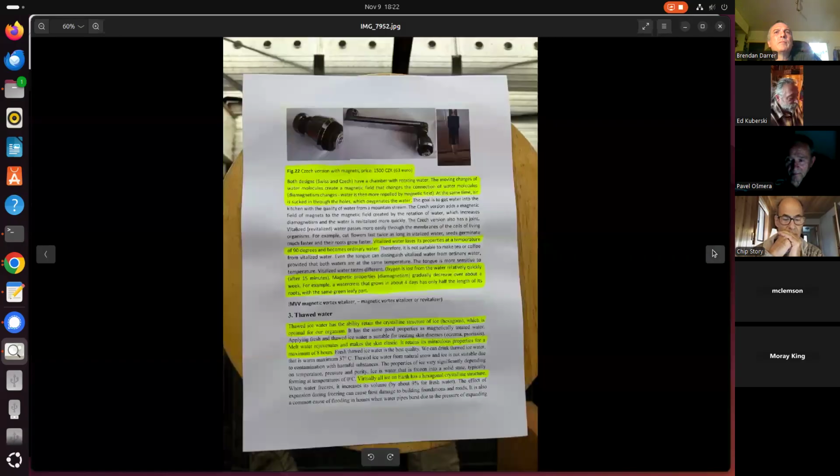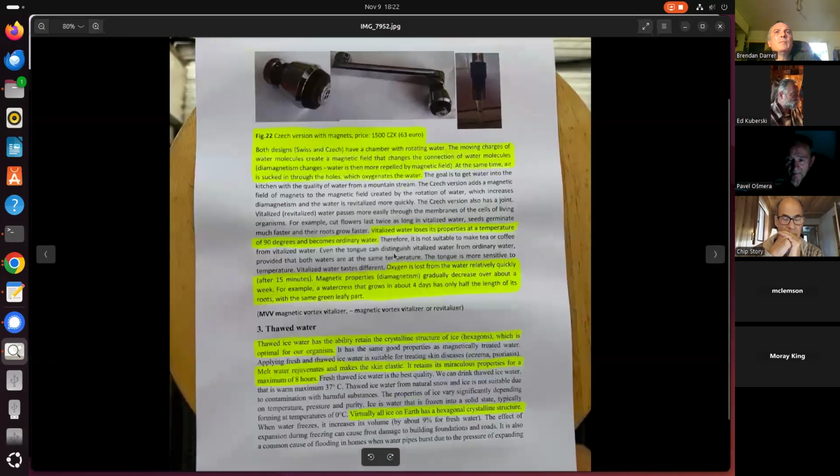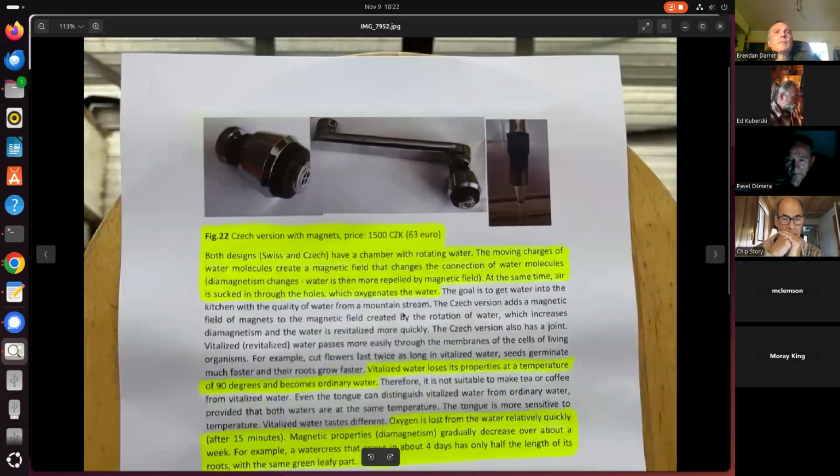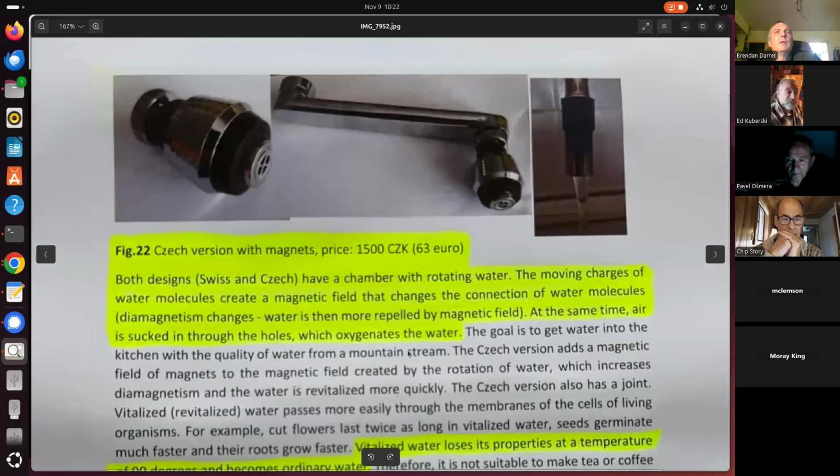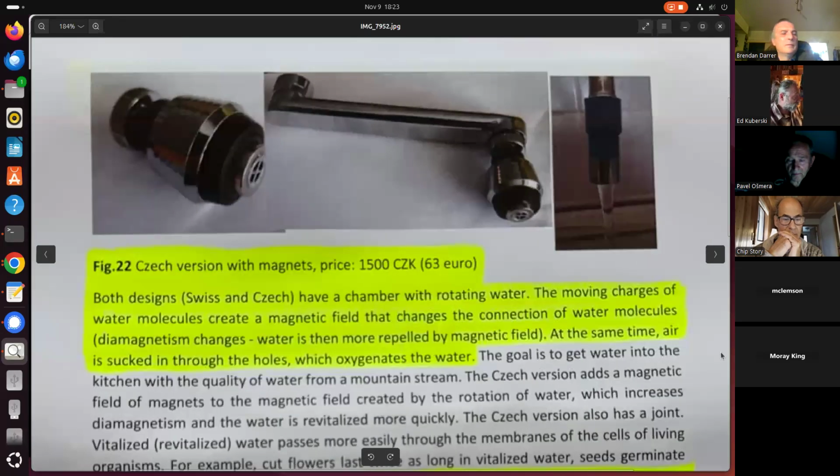So he's basically showing us methods of creating structured water using these tap attachments. Both designs, Swiss and Czech, have a chamber with rotating water. The moving charges of the water molecules create a magnetic field that changes the connection of water molecules.